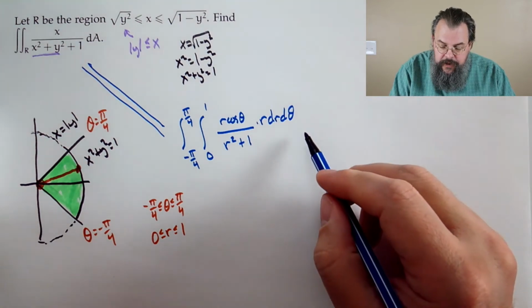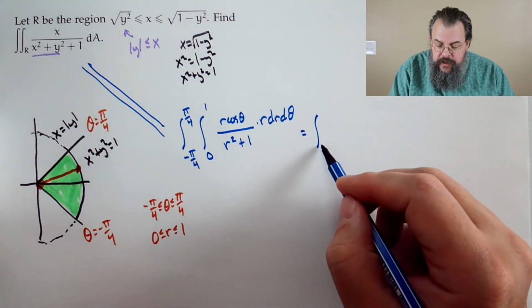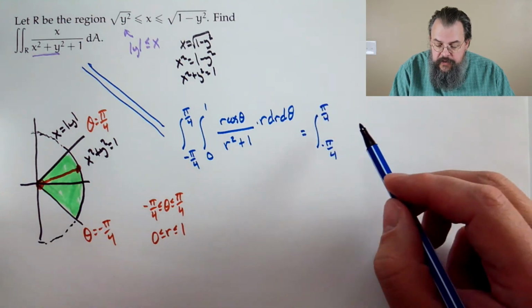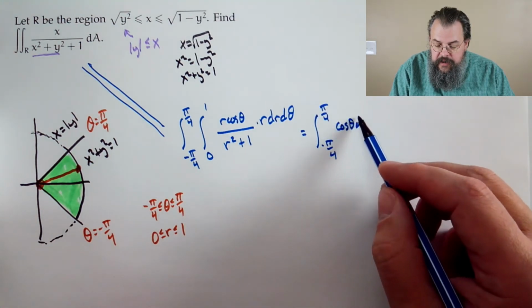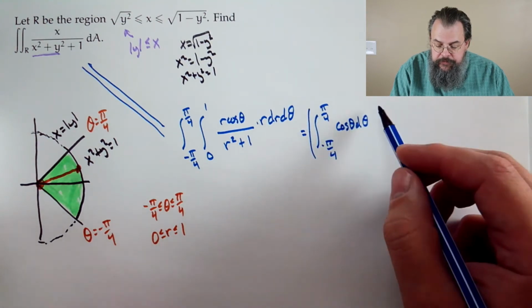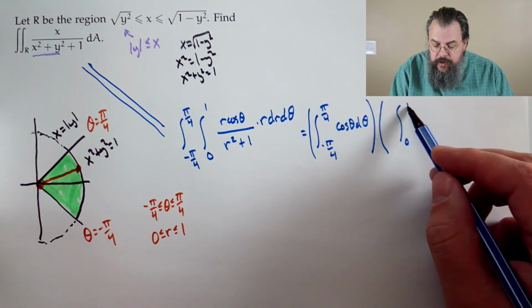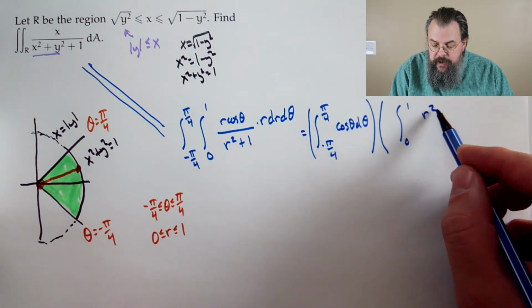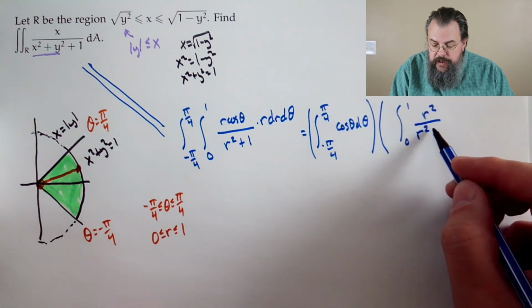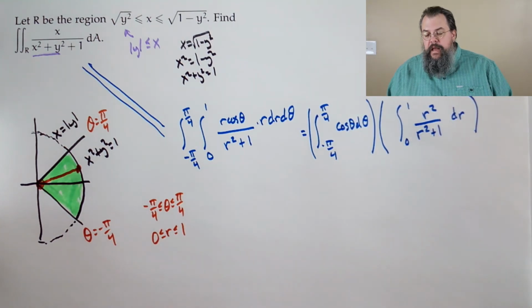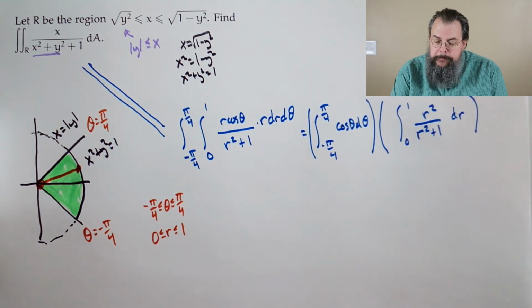There's the integral from negative pi over 4 to positive pi over 4 of cosine theta d theta, and then there's the integral from 0 to 1 of r squared over r squared plus 1 dr. All right, we have to work through these.